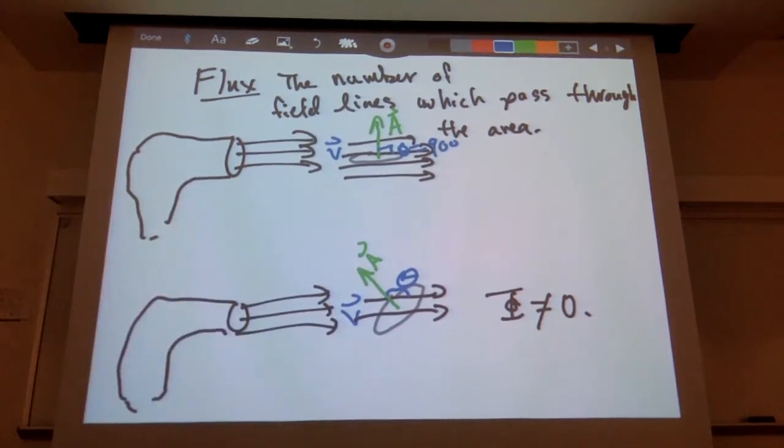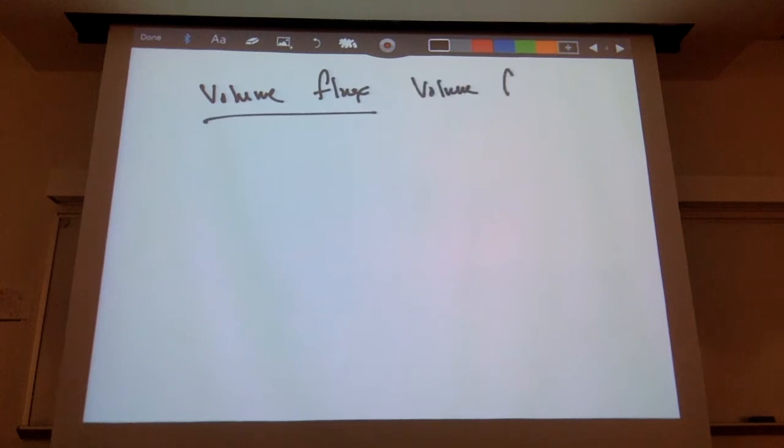Using this, we can write down what's known as volume flux, or also known as volume flow rates, or when you take fluids in the future.